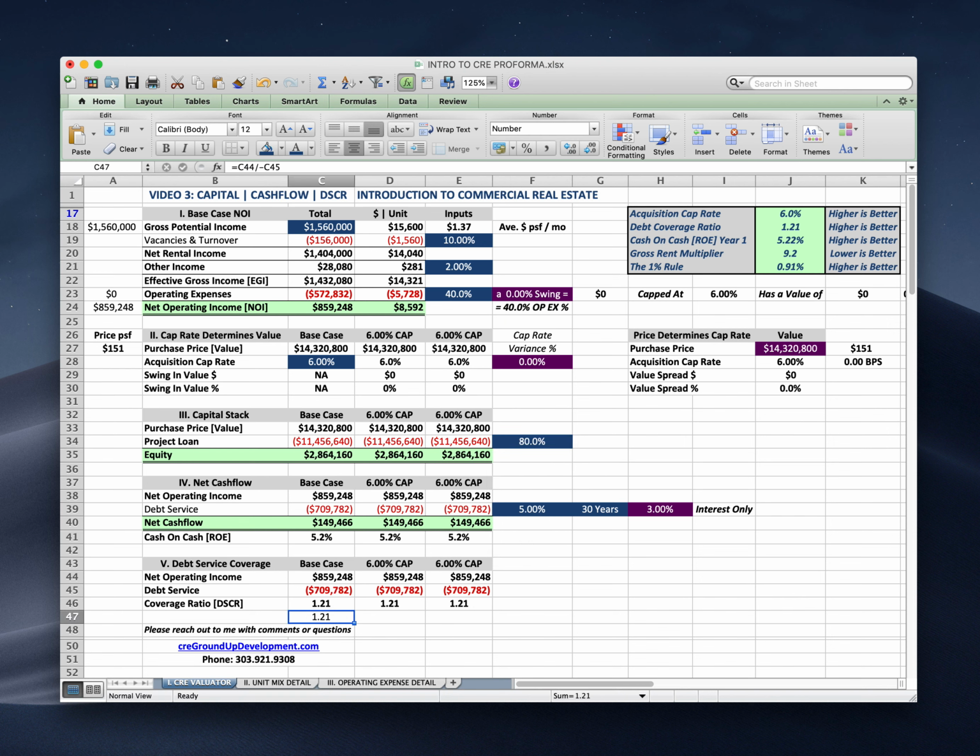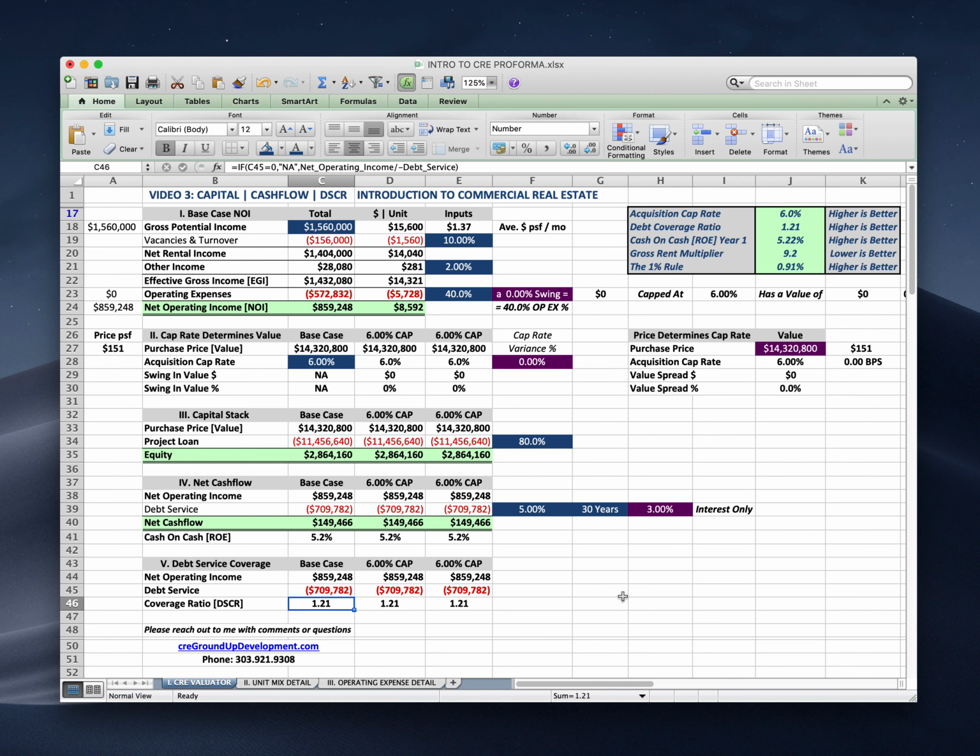To look at this another way, let's say that what you were looking for is an 80% loan to value. The debt service coverage ratio just dropped from almost 1.3 to 1.2. So what lenders in general are looking for is as high of a debt service coverage ratio as possible, which means there's more than enough money to make them feel comfortable that they're going to get their payments.